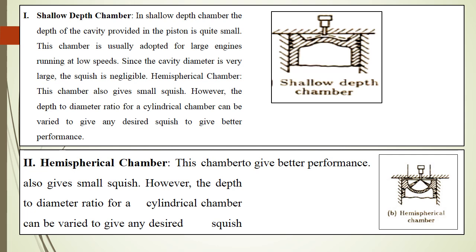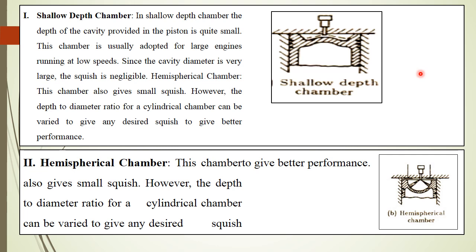In the shallow depth chamber, the depth of the cavity provided in the piston is quite small. If you see here, the depth provided in the piston crown is small, and this chamber is usually adopted for large engines, generally large engines running at low speed.